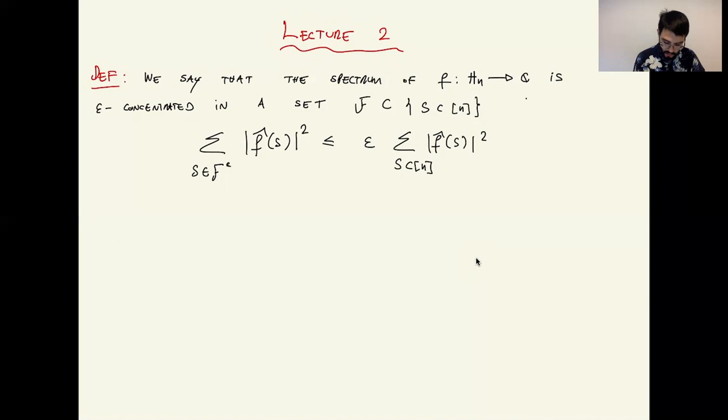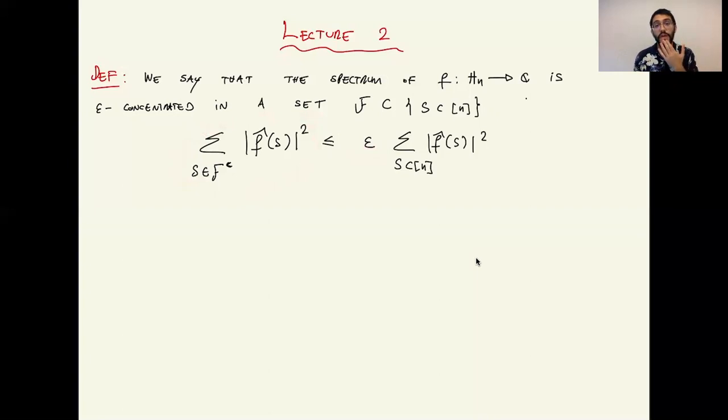It means that the percentage of the L2 norm of the Fourier transform of f in the complement of this family is smaller than epsilon.